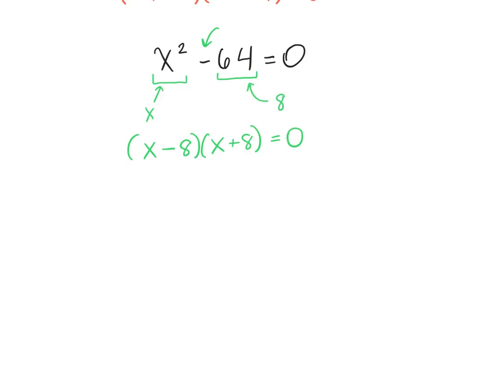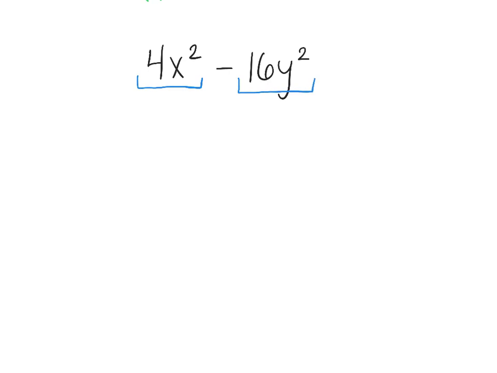Y'all, another way that we might see this would be if we have variables in both of our terms. So what would happen if we had 4x squared minus, let's say, 16y squared. In this case, y'all, we don't want this to throw us off. We have two terms, one in the beginning and one in the end, and I have a minus sign in the middle.